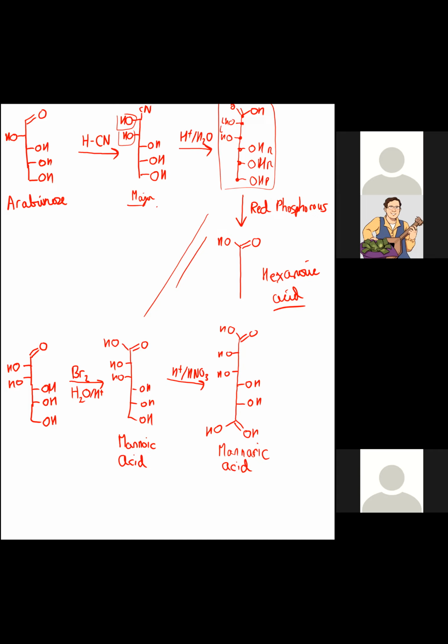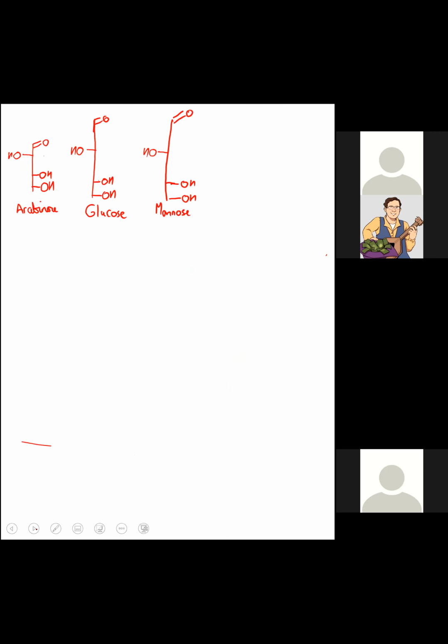So mannose and arabinose have to have the same orientation, and we know that glucose and mannose have the same orientation at that point, because when we make the phenylhydrazones of glucose and mannose, we get the same molecule, and the only thing that changes there is this top OH. So those have to be opposite each other in glucose and mannose. So far, so good.